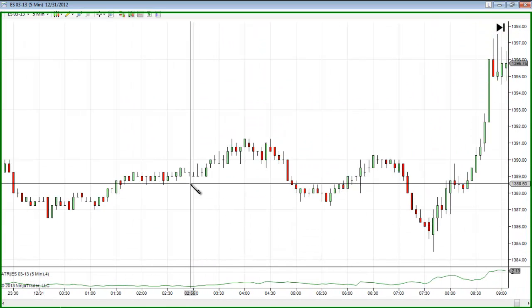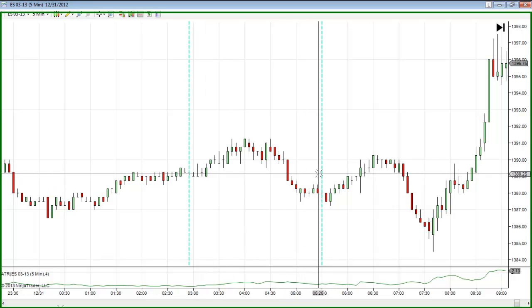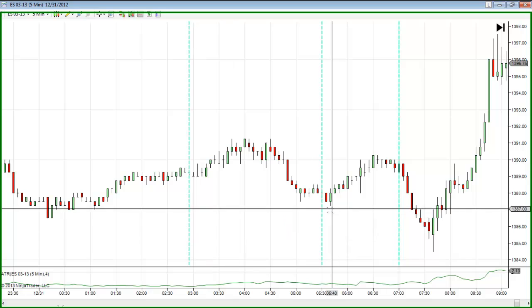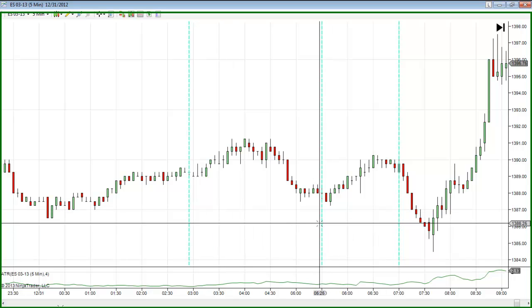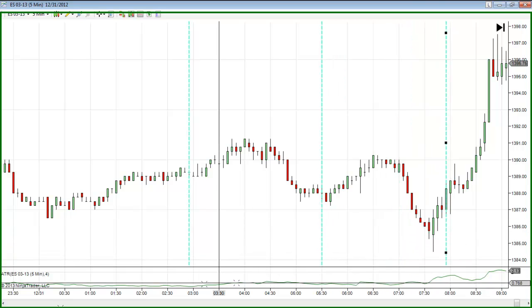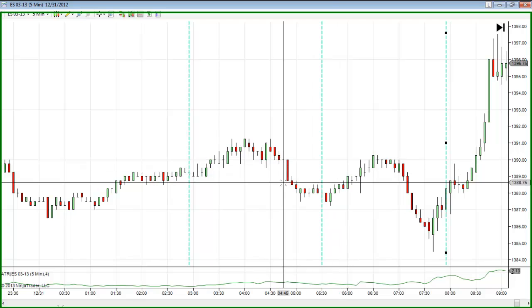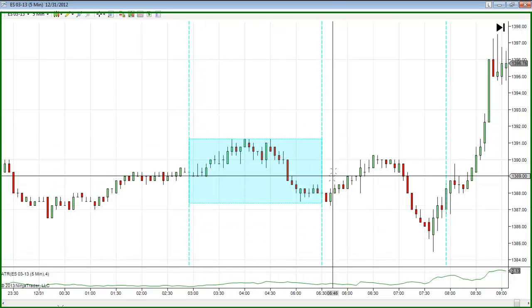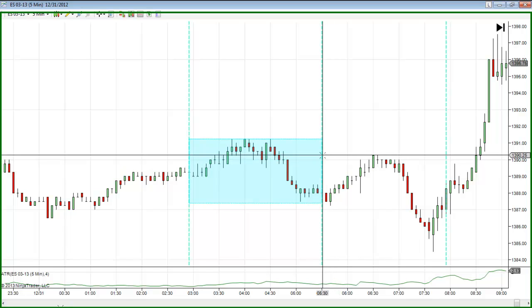Same exact thing. Here's 3 to 5:30, from 5:30 to 7. I believe 3, 4, 5:30. Right? From 5:30, 6:30, 7 to 8. Same thing. Here is the A part of the day for the London. Here is the B part of the day for the London.